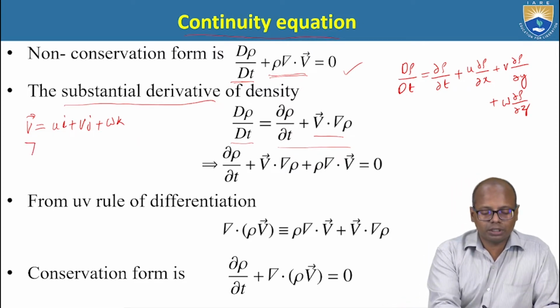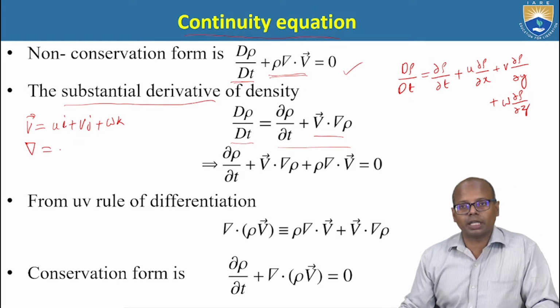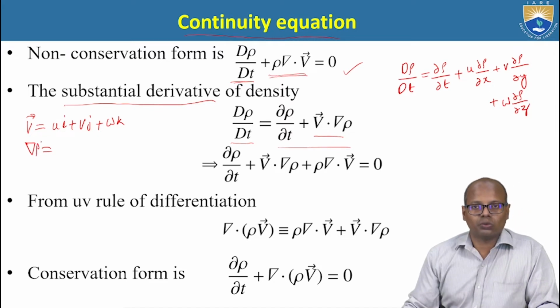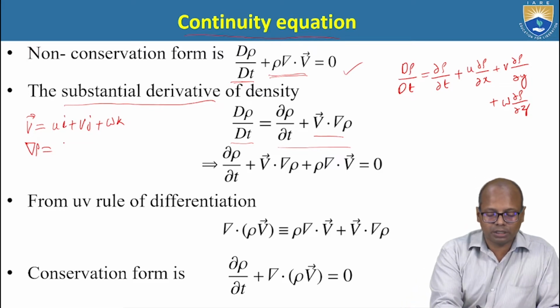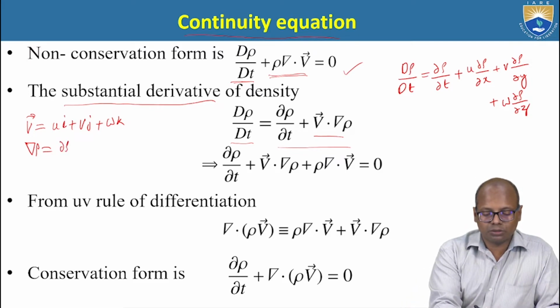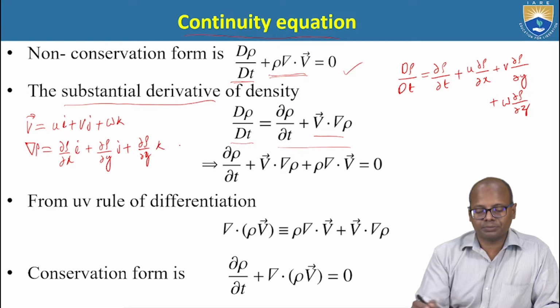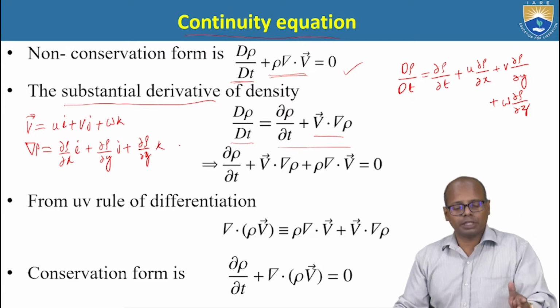Similarly, if it is del rho, how to expand that? Dou rho by dou x i plus dou rho by dou y j plus dou rho by dou z k.